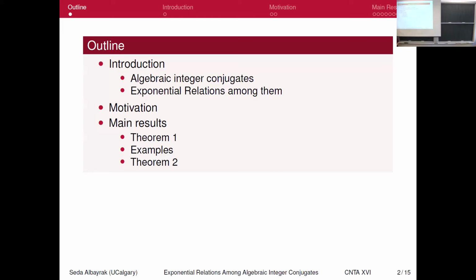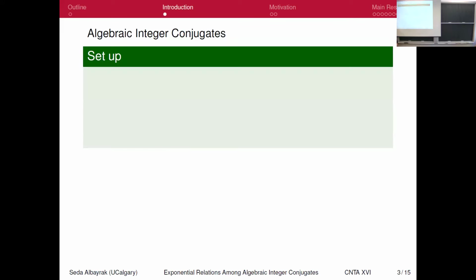Before we proceed to any results, I want to give some of the motivation we had. And then I'm going to be presenting the main results. We have two main theorems, and in the first theorem, we have two characterizations. I'm also going to be illustrating some examples, and then we're going to see theorem 2.